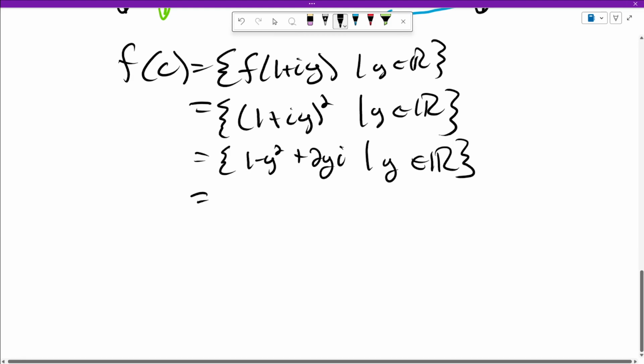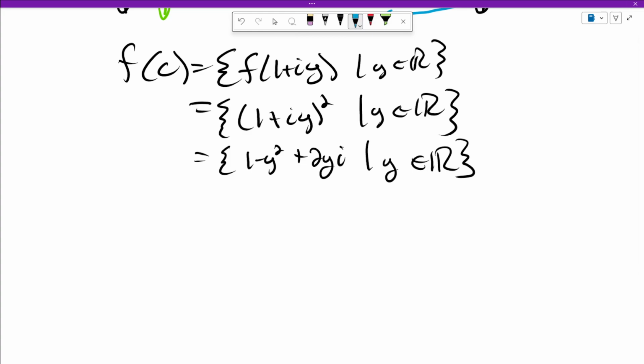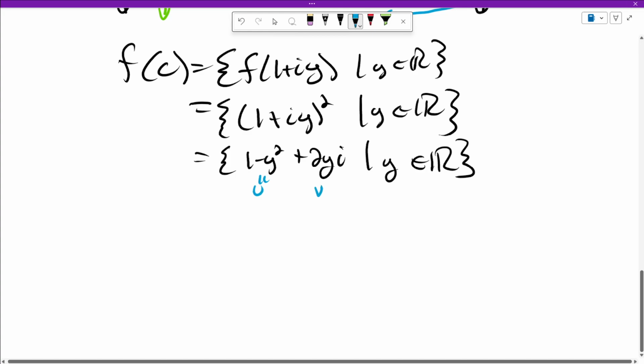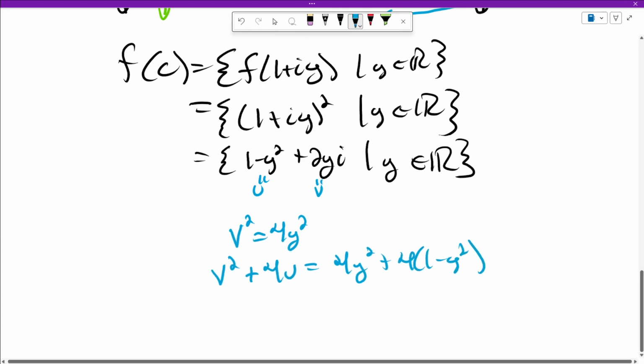If we were to look at the real part and the imaginary part, since I already used x and y, let's use u and v. What do we know? Well, if we take v squared, we're going to get 4y squared. And then if we add on to that 4u, we're going to get 4y squared plus 4 times (1 minus y squared).